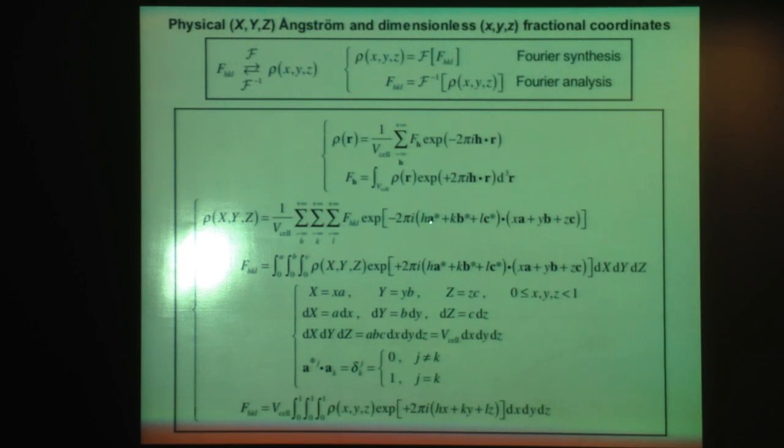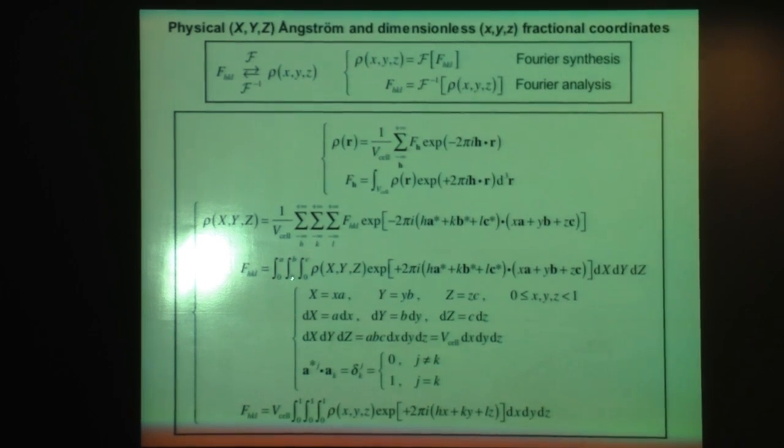So we have the basis vectors a star, b star, c star, a, b, c. If we multiply that out, the x, y, z part in angstroms, we're going to integrate over that. So we're going to integrate over the length of a, or the length of x. Its minimum is 0, and its maximum value of x is a.